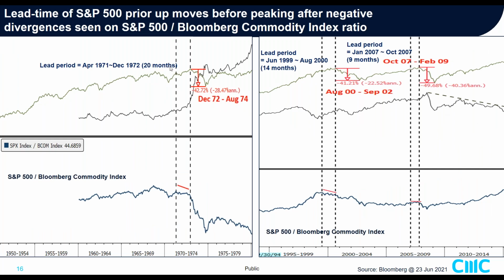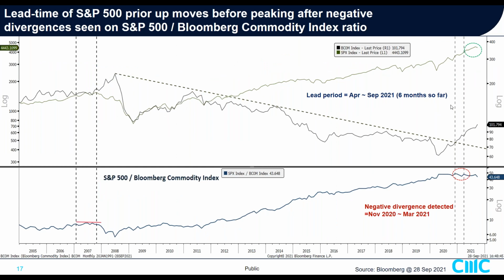The longest was 20 months in 1971 to 1972. So we know that the lead time has really started getting closer and closer to the previous lead periods of the previous divergences that caused the significant correction in the S&P.